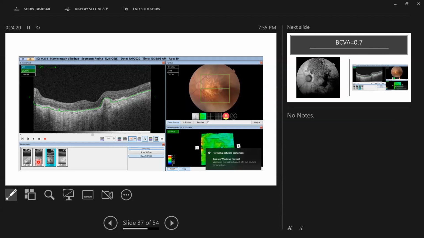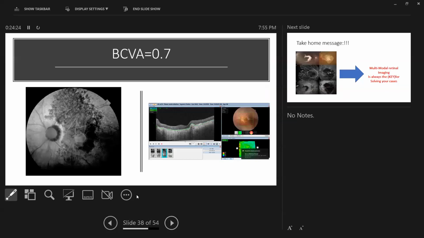Surprisingly, when I tested the patient, the vision was 0.7. Okay, we look here, and this matches exactly what the patient said, that sometimes I see, sometimes I cannot see. If you look at the fundus autofluorescence image, you can see very well an area of geographic atrophy with just a small central island that the patient is able to see.